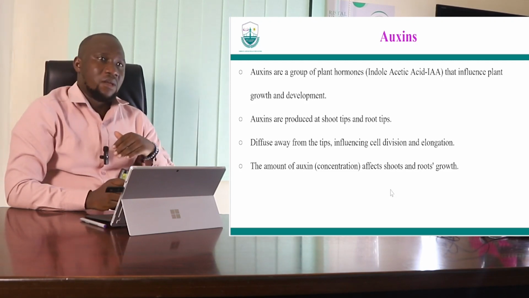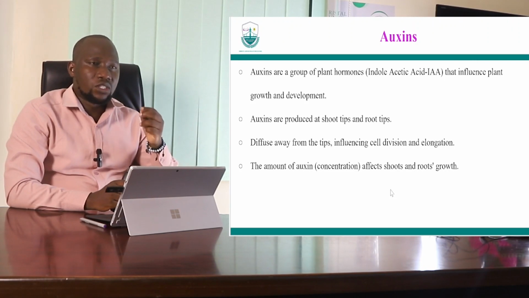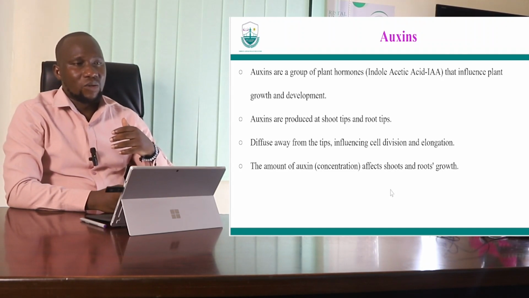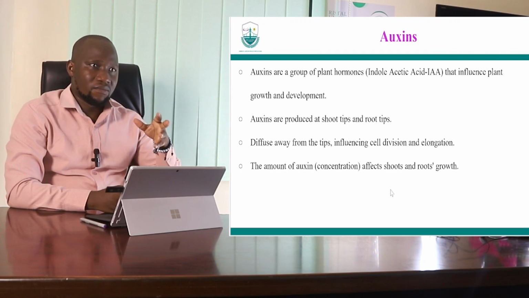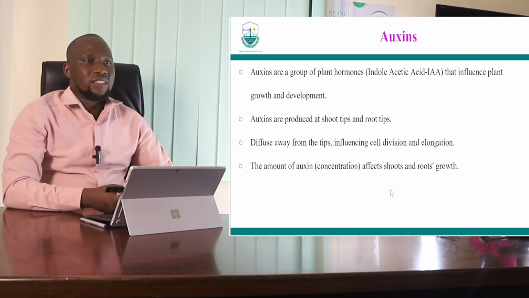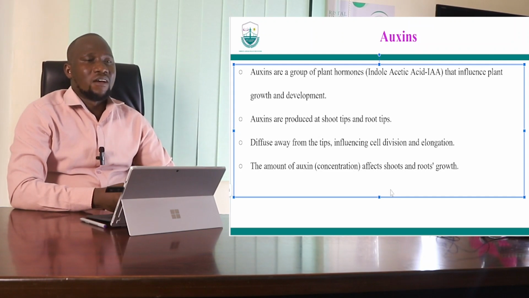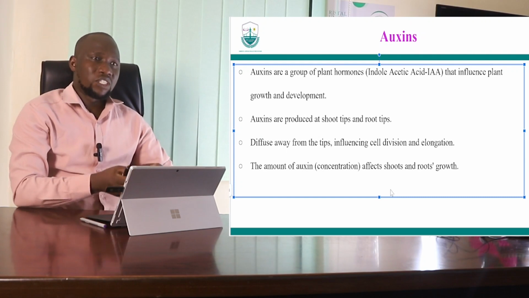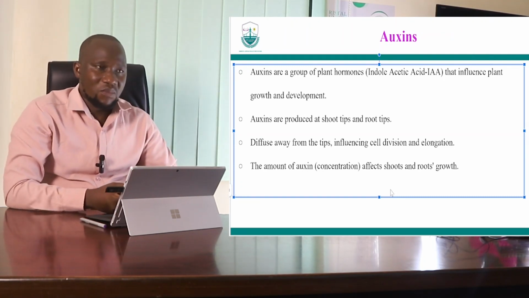So growth in plants takes place at those two points. The shoot is basically the leaves and the stem, the outer part, what you see on a plant. The part which is underground, the root system, is what we are terming here the root tips. At the end of these root tips is where we have auxins being produced.